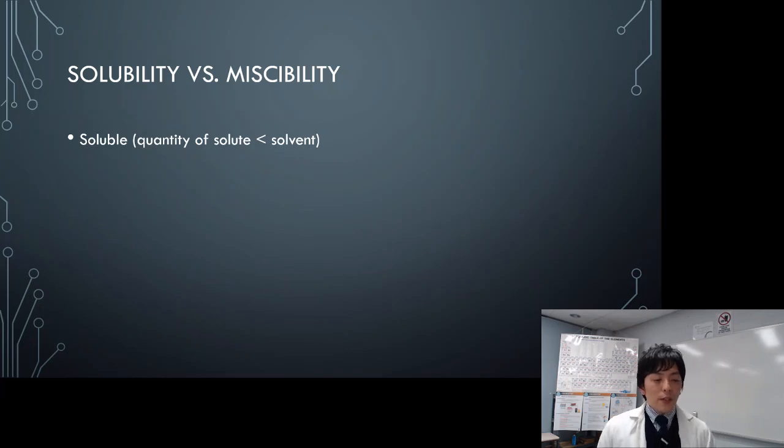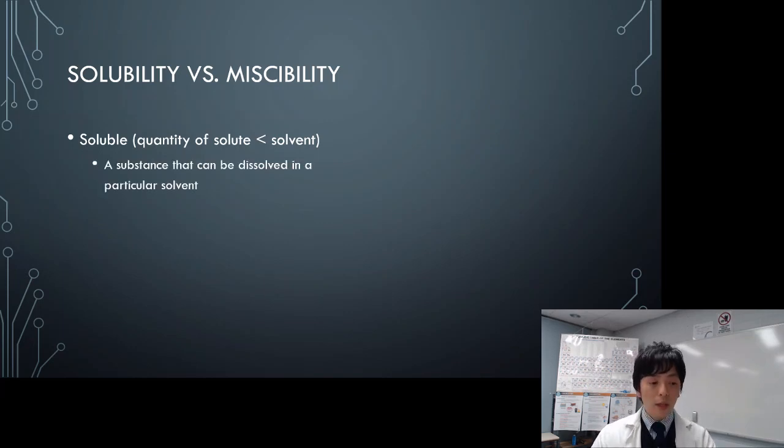Solubility versus miscibility. It's pronounced miscibility, I believe. Soluble means the quantity of solute is much less than the solvent. That's one thing that you need to understand first. So we'll do a comparison here. Soluble, on the left-hand side, is a substance that can be dissolved in a particular solvent.